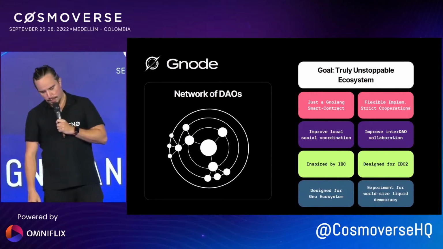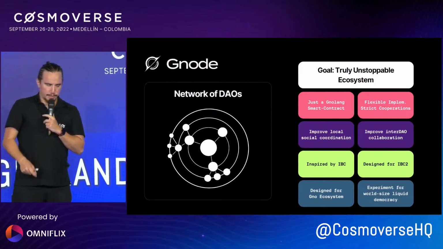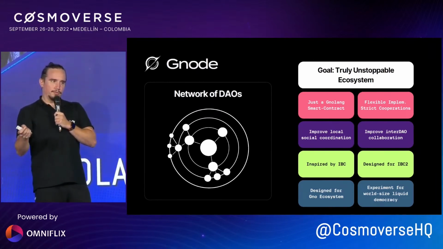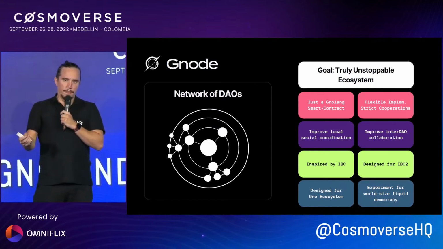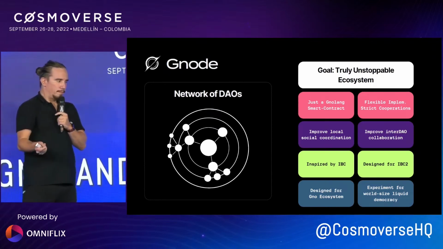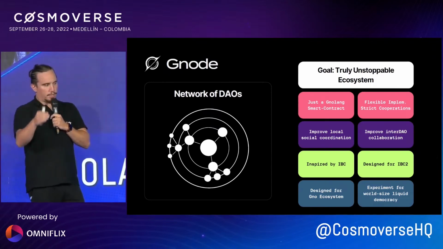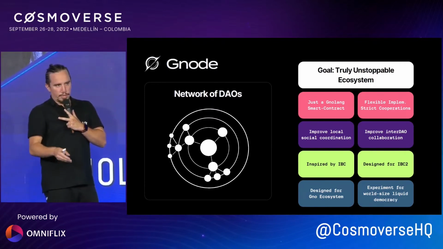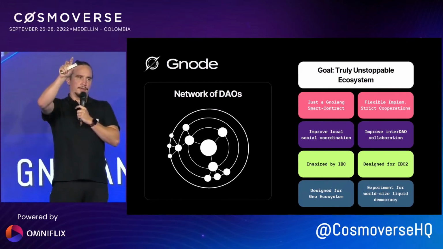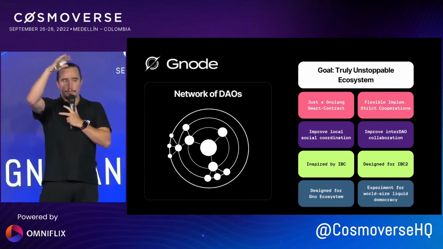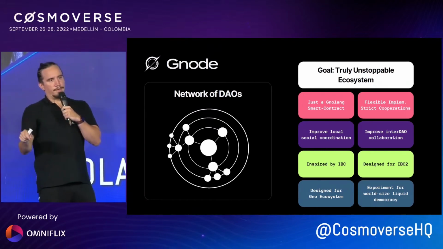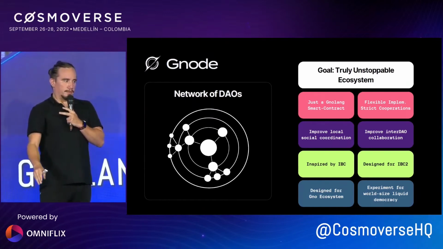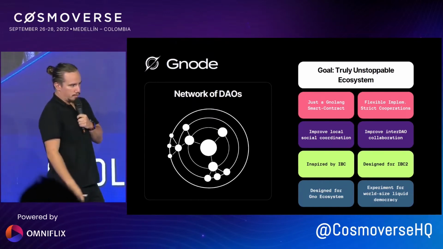Now, Gnode. Gnode is completely linked to the proof of contribution, and it's a way we imagine to manage the ecosystem in a very dynamic way. So the goal is to have a kind of tree. You can see the layers, but actually it's a top-to-bottom or bottom-up approach like a tree, where you can imagine at the center the top-level budget that will be split into smaller DAOs, and each DAO can also split to recursive levels.